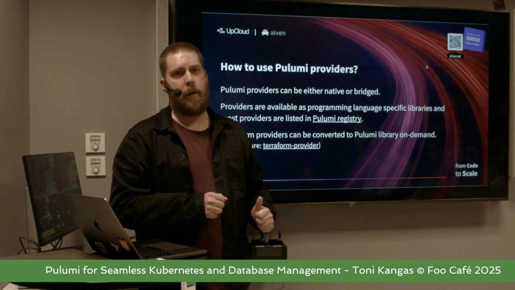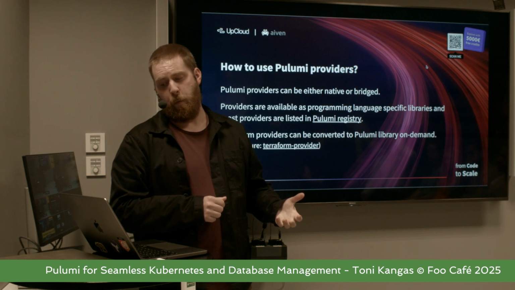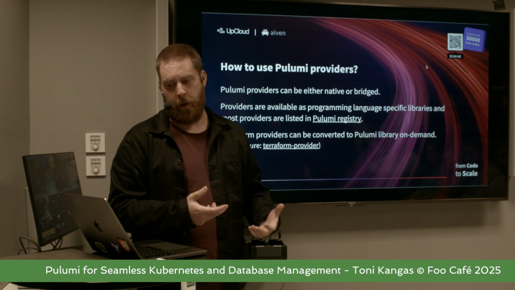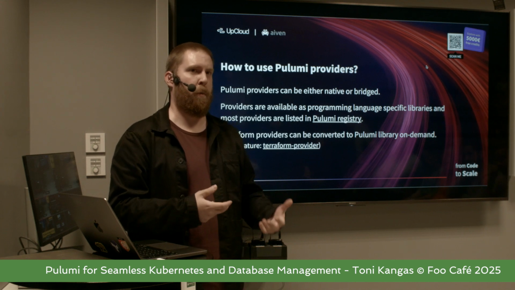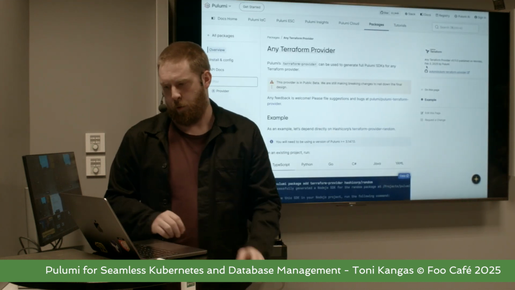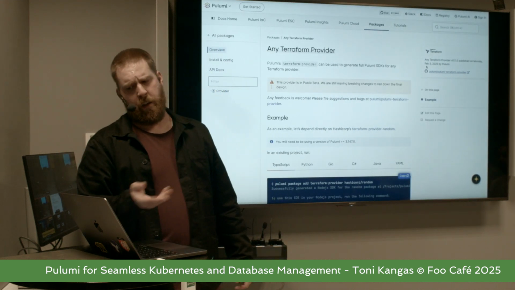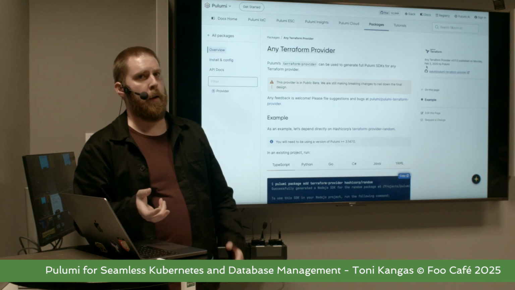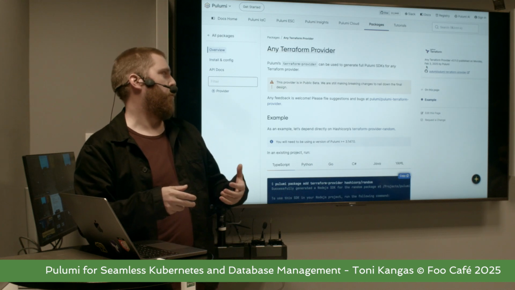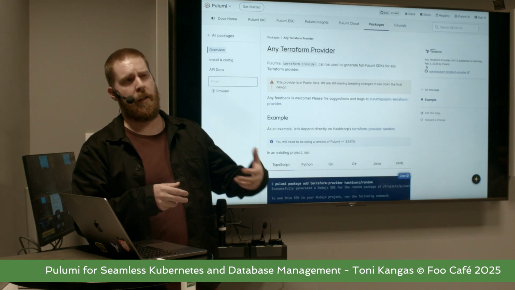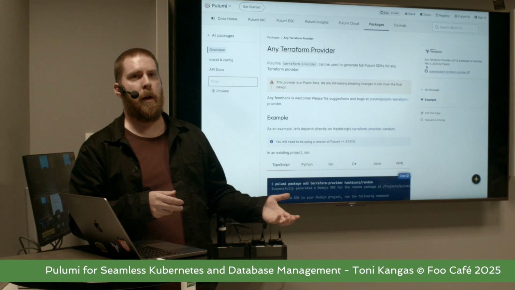So Pulumi released, it's a beta feature at the moment, so you can take any Terraform provider and use that as a Pulumi provider. I have that open here as well. So it's a Terraform provider named tool that you can use to download the Terraform provider, and then Pulumi will create a TypeScript or Python library based on that.